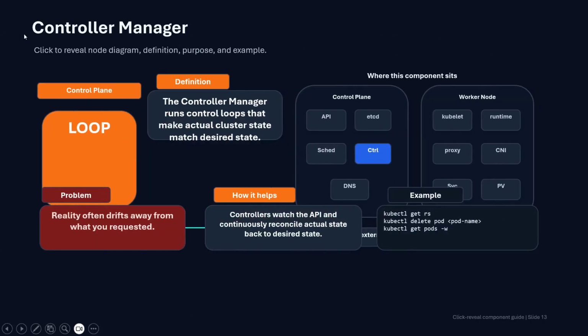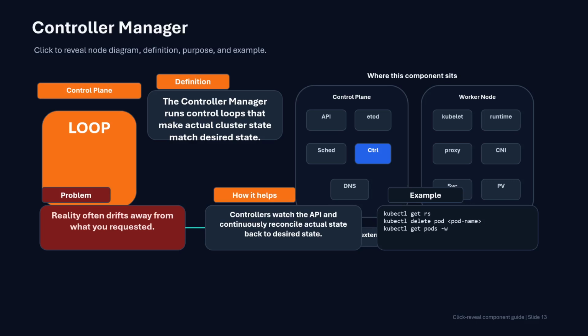The next important component is the controller manager. The controller manager runs control loops that make the actual cluster state match the desired state. Controllers watch the API and continuously reconcile the actual state back to the desired state. Just imagine, in the last video we saw a replica count of 3.